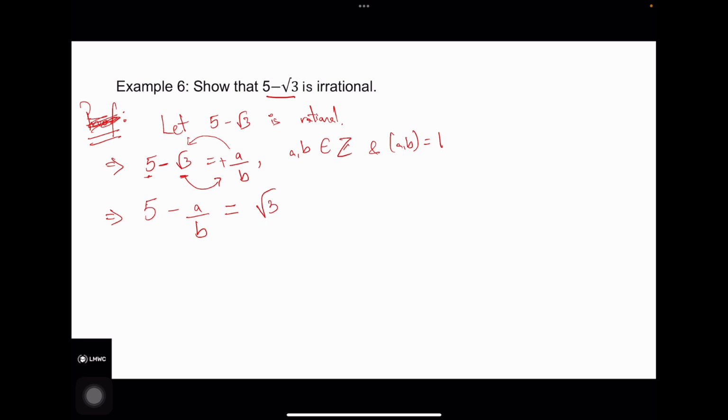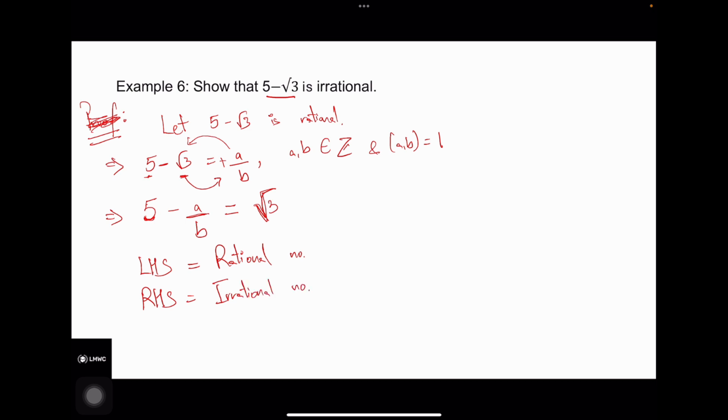Now if you look here, what happened is 5 minus a by b. So what is 5? 5 is actually a rational number, right? And a by b is itself a rational number, so rational number minus rational number is always a rational number, whereas root of 3 is an irrational number. So what it indicates is that here LHS is a rational number, whereas our RHS has a square root which is irrational.